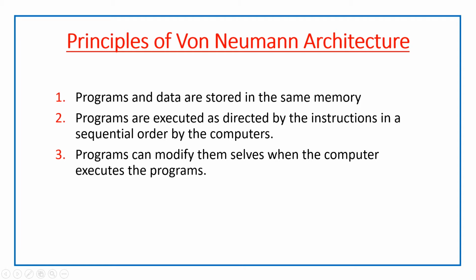Number 3, programs can modify themselves when the computer executes the program. These are the 3 principles of von Neumann architecture.